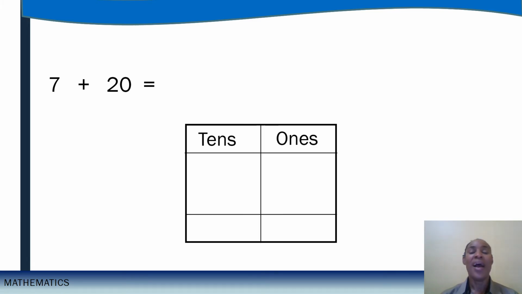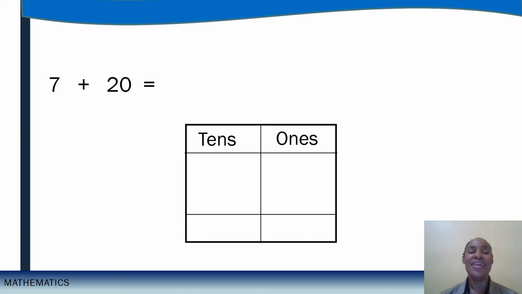Boys and girls, let us look at a second example. Our second example is 20 added to 7. Again, we will use our place value mat to help us add these numbers. And remember, our place value mat helps us to see clearly the value of the numbers being added.